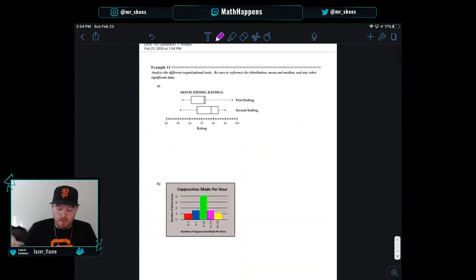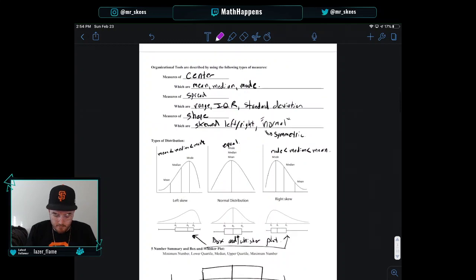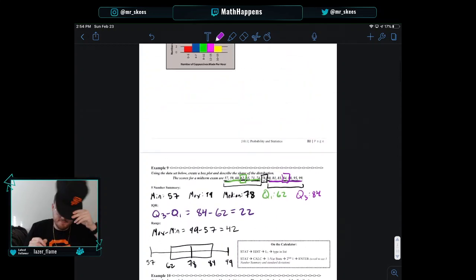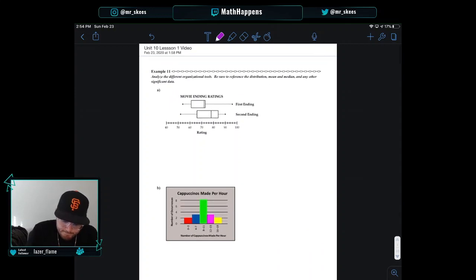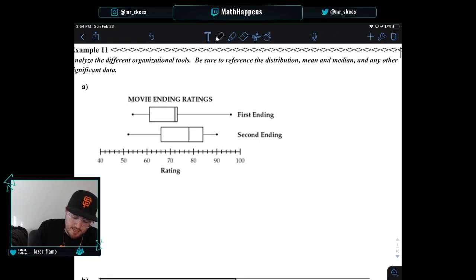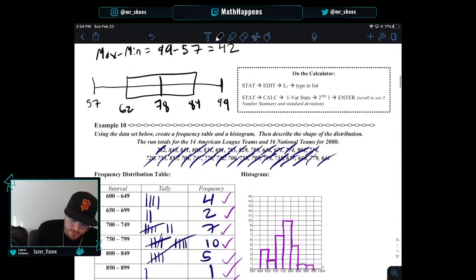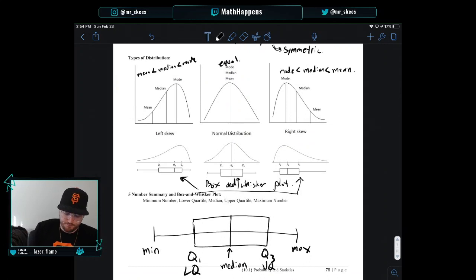So let's look at the way these look. Let's talk about their center, their spread, and what's the other word? Blanking. Their shape. Okay? So this one is definitely... Okay, let's remind ourselves. Sometimes I have to remind myself about the skew.